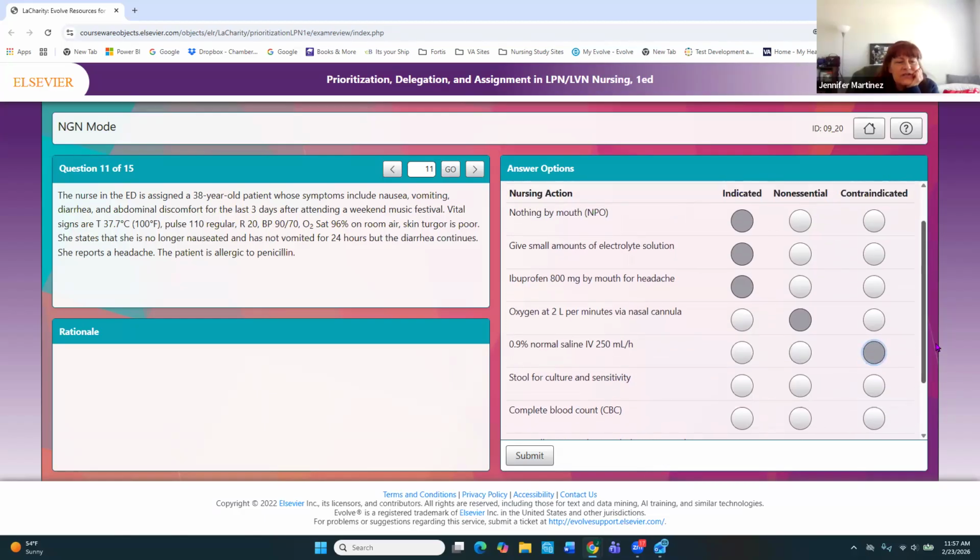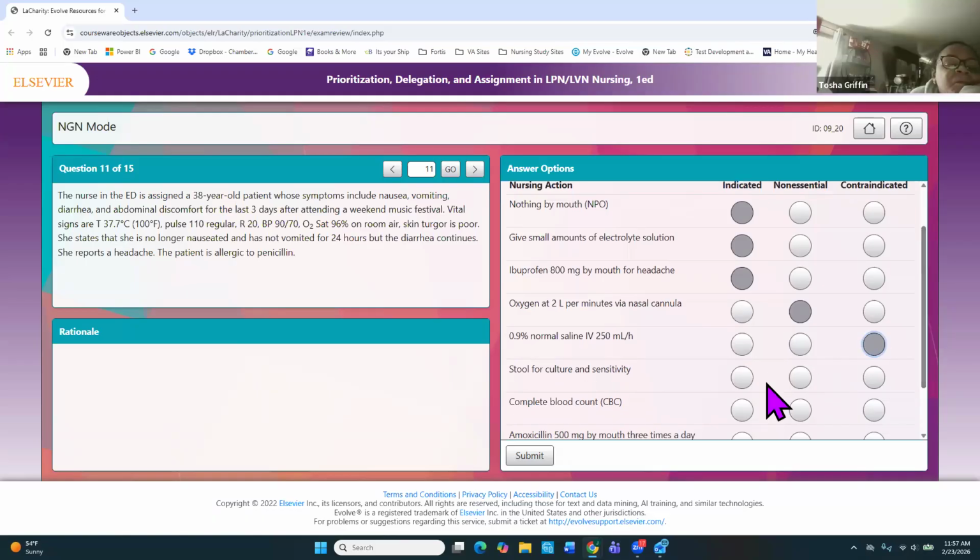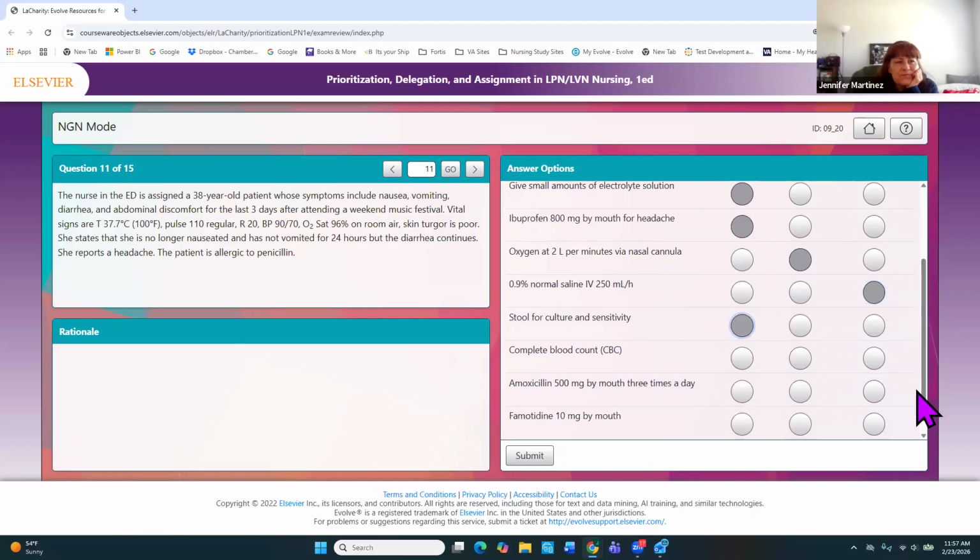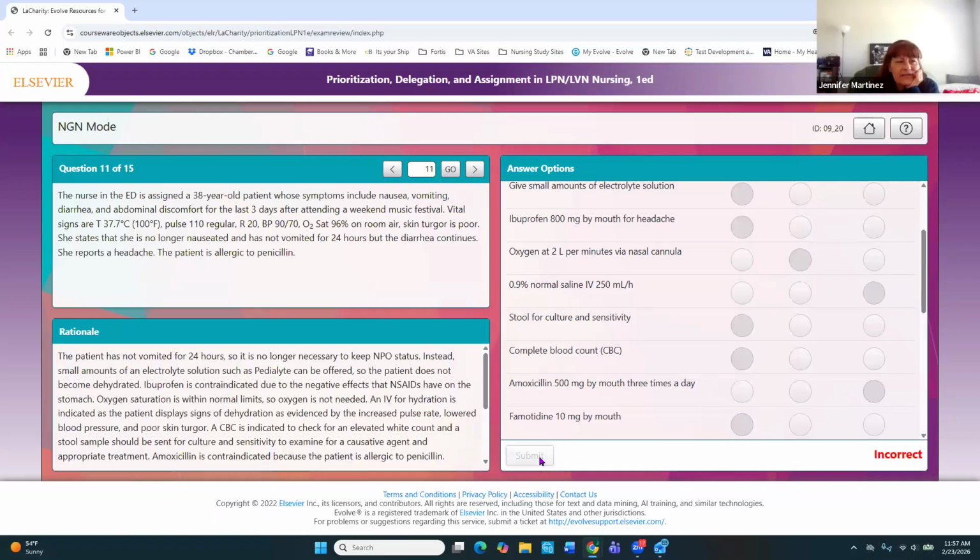Indicated. CBC. I would say indicated. Amoxicillin 500 milligrams by mouth 3 times a day. Contraindicated. And famotidine 10 milligrams by mouth. Indicated because she's nauseated.